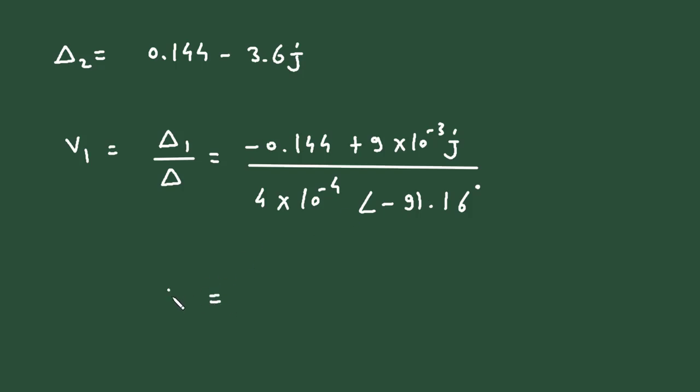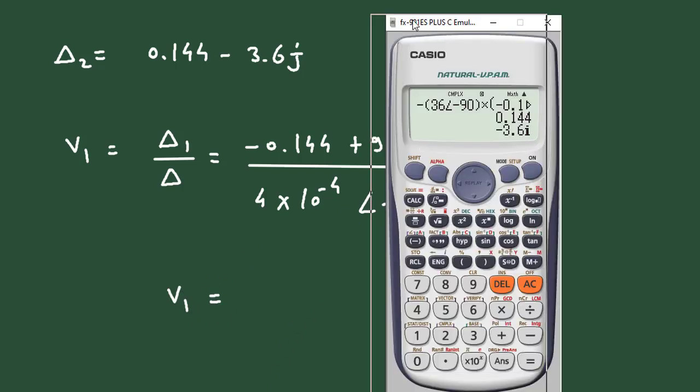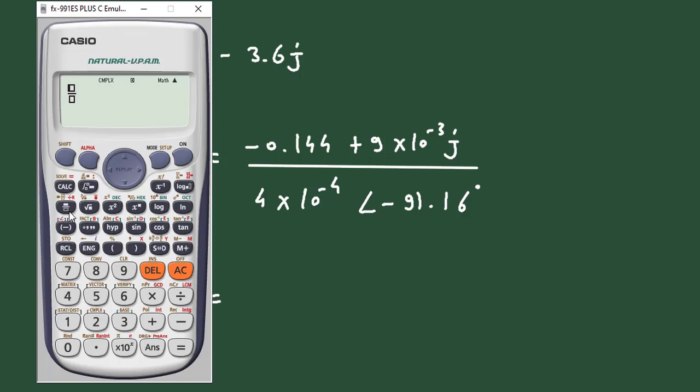So if we simplify this, then V1 is equal to minus 0.144 plus 9 into 10 to the power minus 3 into j, divided by 4 into 10 to the power minus 4 at an angle minus 91.16.